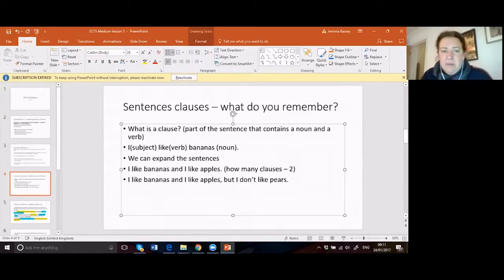Because we've got the 2 verbs, 2 subjects, and 2 nouns. And this one, I like bananas and I like apples, but I don't like pears. How many clauses? 3. Again, because we've got 3 subjects, 1, 2, 3.